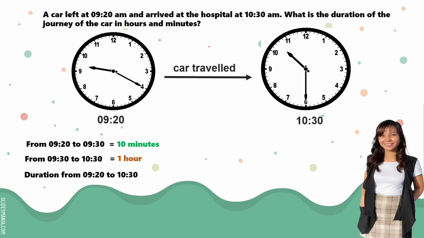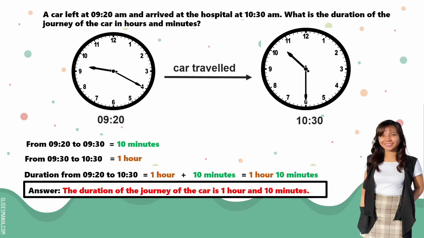So the duration from 9:20 to 10:30 is equal to 1 hour plus 10 minutes. So the answer is the duration of the journey of the car is 1 hour and 10 minutes.